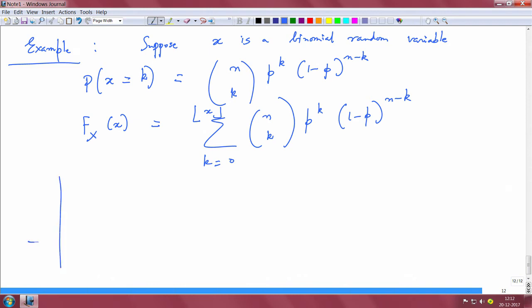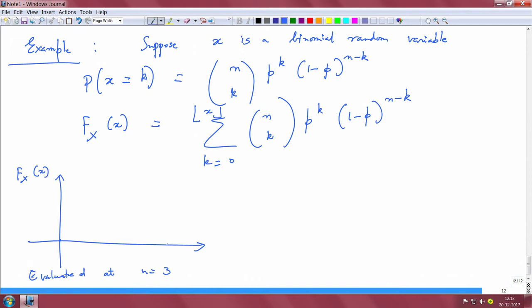If you just evaluate for n equals 3, so when k equals 0 is 0, let us plot this probability distribution function.